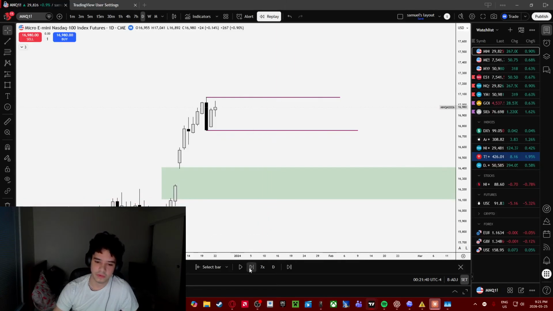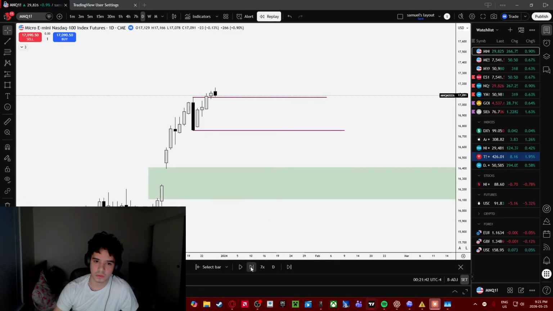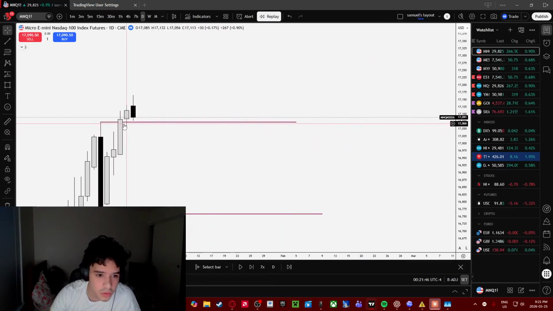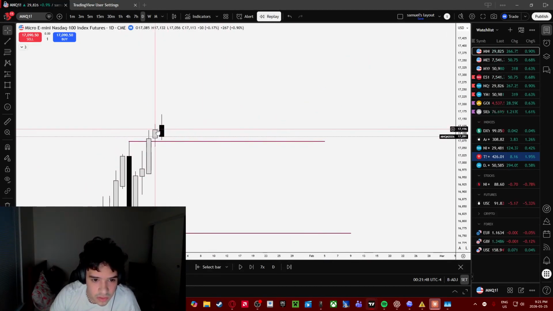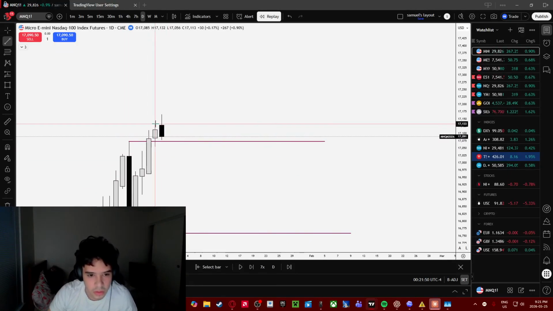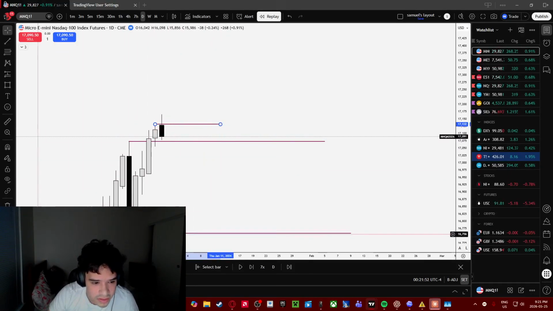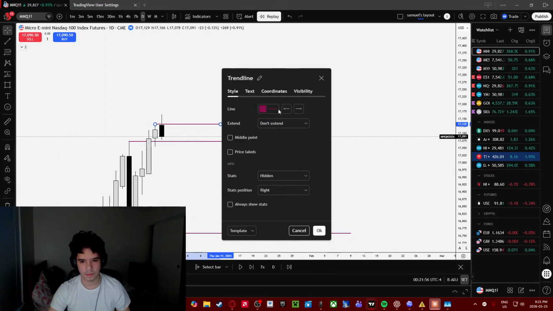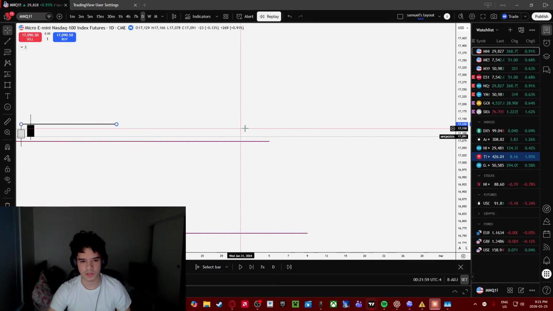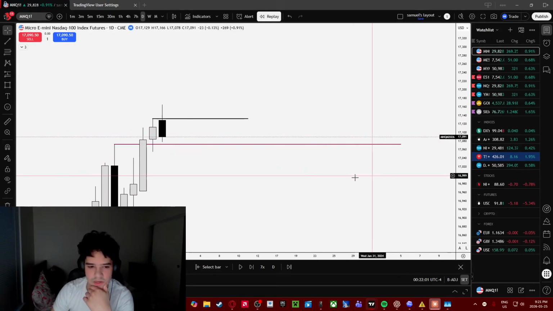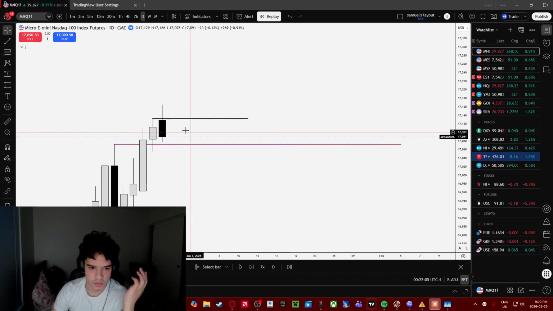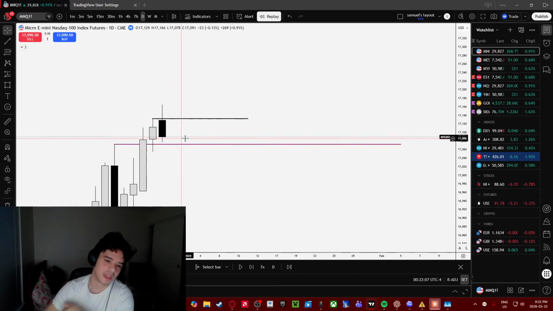Once you have the reversal sequence confirmed, which is this, you see you go to the point of interest and then you have your reversal candle, which is confirmed by a closure below the PD array, the point of interest, which is the high of the candle previous to that.